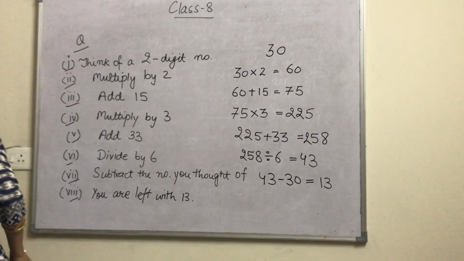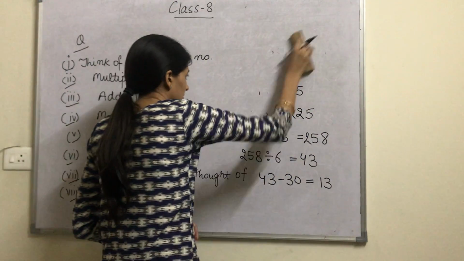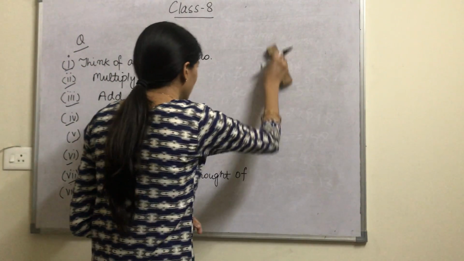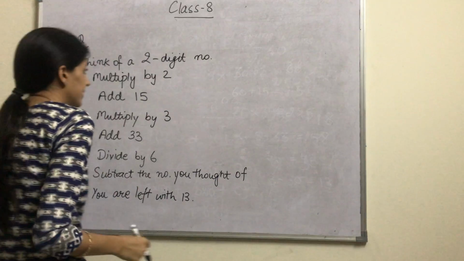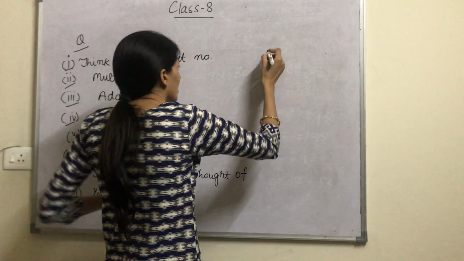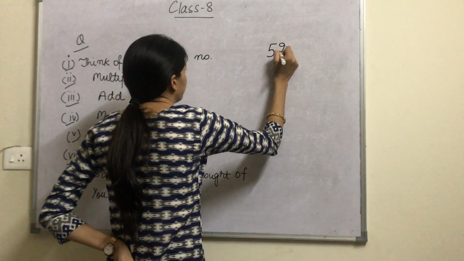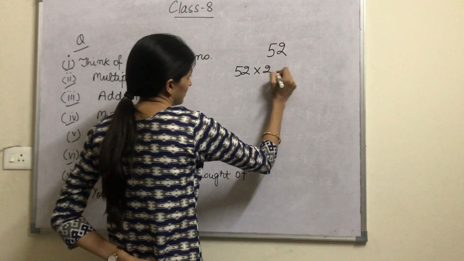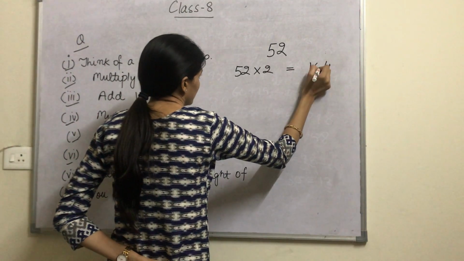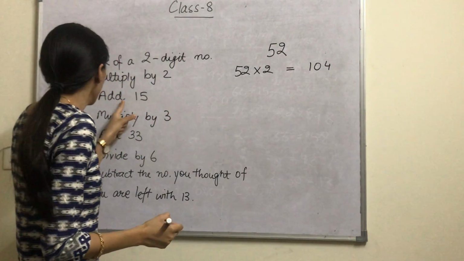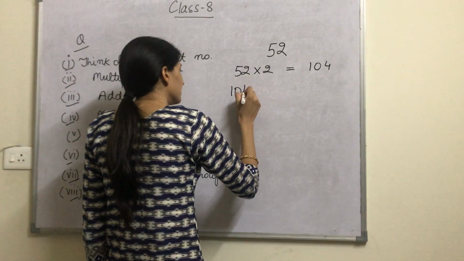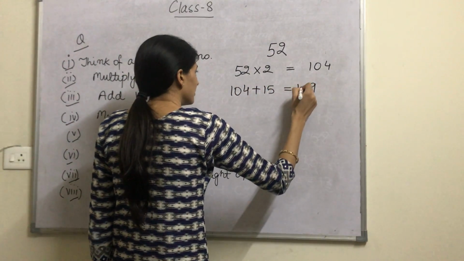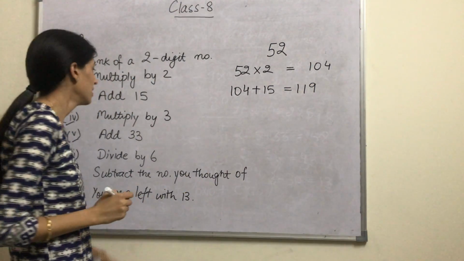Take another 2-digit number. Let's take 52. Multiply with 2. Right. Add 15. Right.